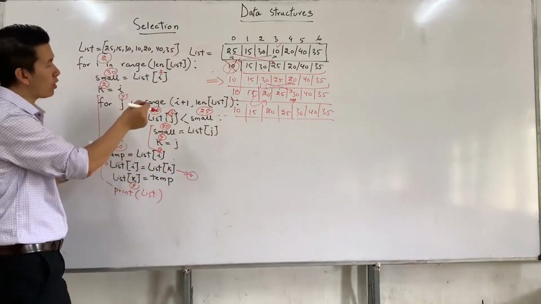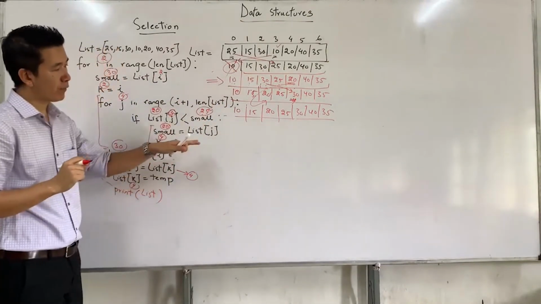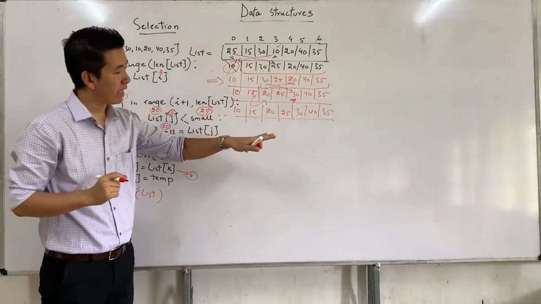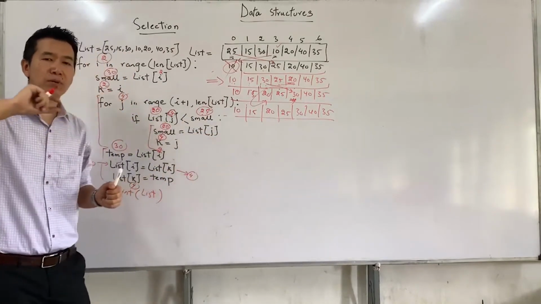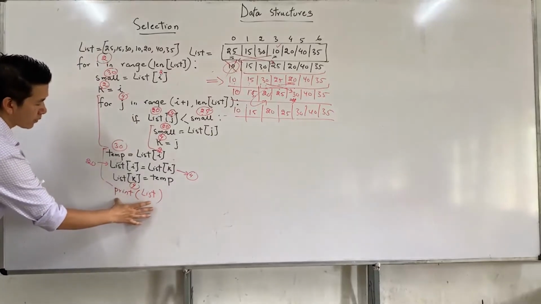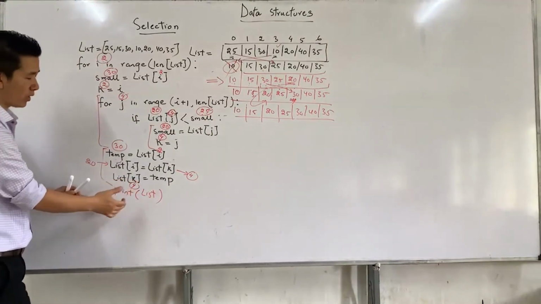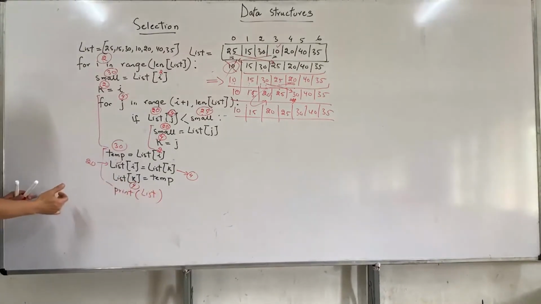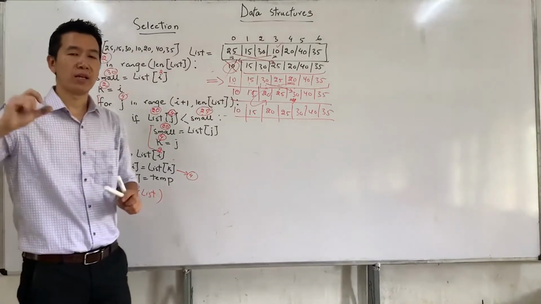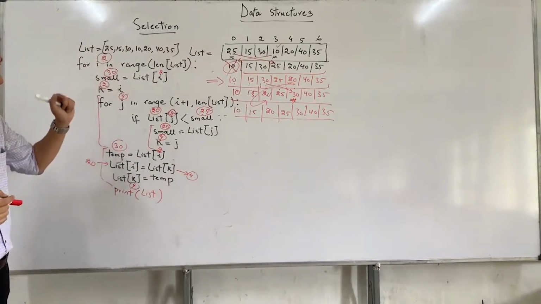At the end of each outer loop, you will have a new list being printed. If you take a close look at the end of the list, you will have numbers perfectly sorted in ascending order. But if you write this here, it'll be better for your understanding. Otherwise, you will just have one final list being printed. So this is with regard to the selection.